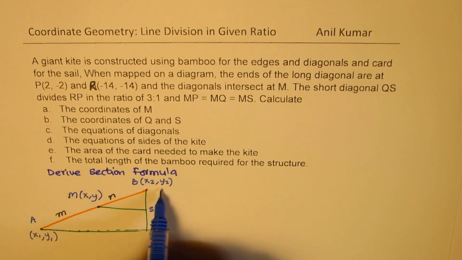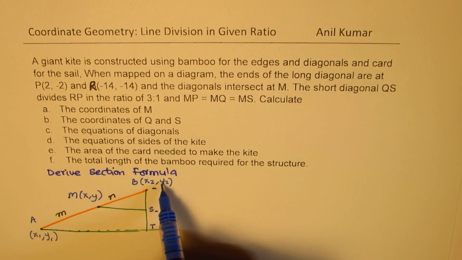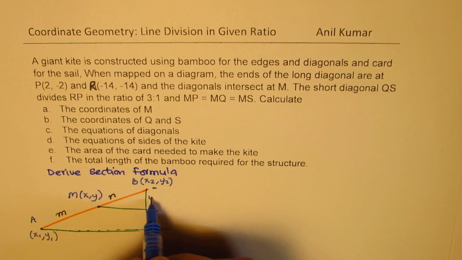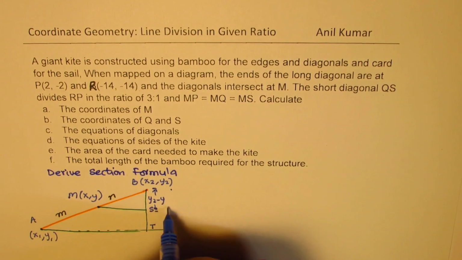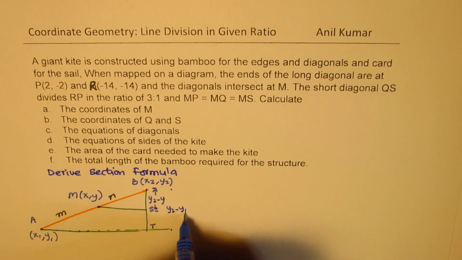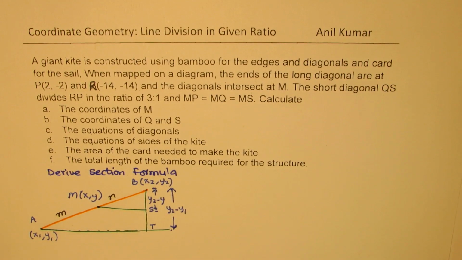Now, how much is this small length? Well, that is y2 minus y. This length is y2 minus y, and from here to there, it is y2 minus y1. Correct? So let's work on the y's first.